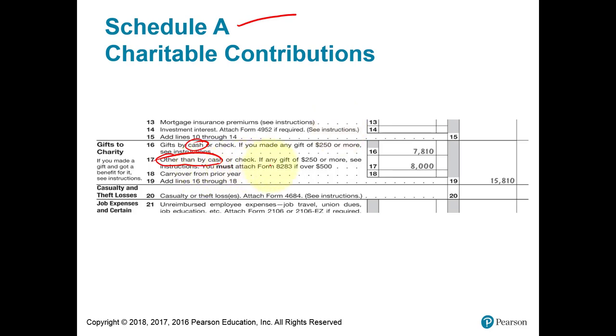If the non-cash contribution is over $500, you have to fill out this form documenting, reporting non-cash contribution information to the IRS. So cash contributions, non-cash contributions, here is amounts that you're carrying over from the previous years that were unused, and then the total. Now, even though you don't see it here, like the medical limit AGI limitation we saw at the top of Schedule A, there is an AGI limitation or AGI limitations to charitable contributions.